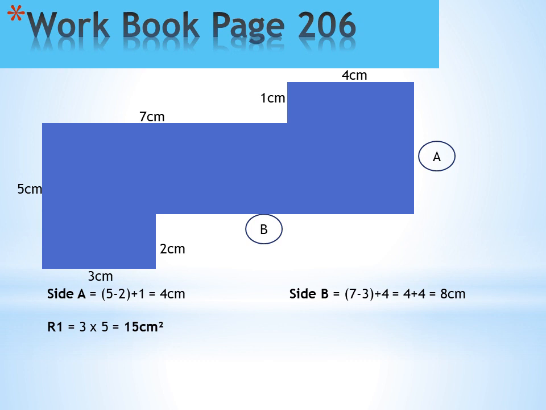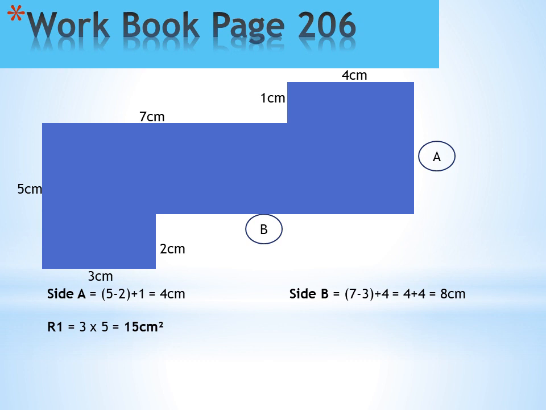To find the length, since we now know that line B is 8 centimeters, what we simply do is cut out the excess from line B. The excess we have there is 4 centimeters. Alternatively, we can take the 7 centimeters at the top and deduct 3 centimeters from it. It will equally give us 4 centimeters. So our length is going to be 4 centimeters.